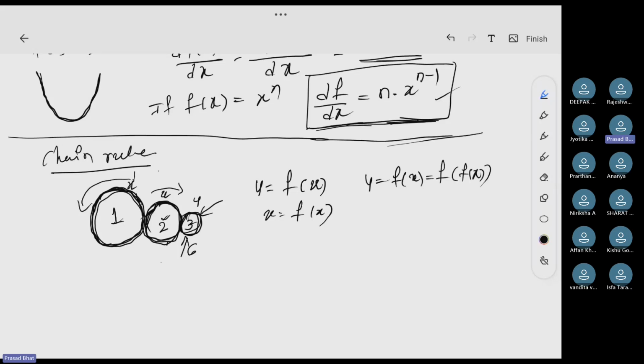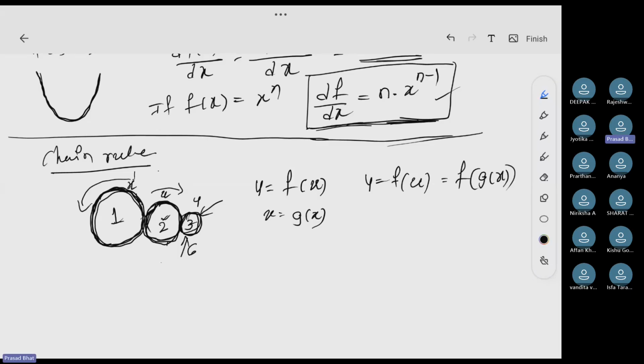We need to give different names because the factors are different. So let me write this as g of x, some other name for the function. Then this formula becomes f of u is equal to f of g of x, right?